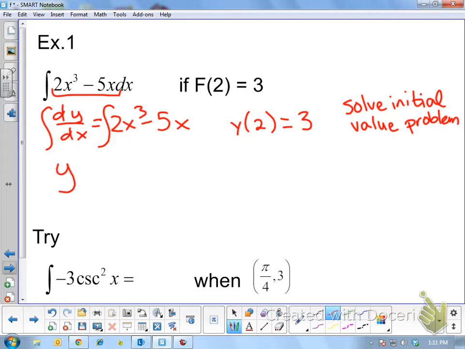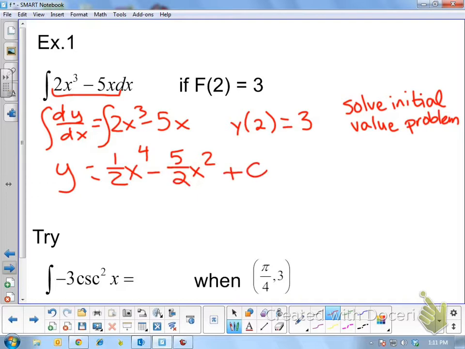And then the other side, we just integrate normally. So anti-power rule. So we would have plus 1, x to the 4th, divide by 4, 2/4, which is 1/2, minus x squared, divide by 2, plus c.